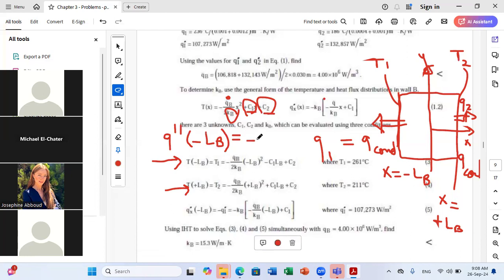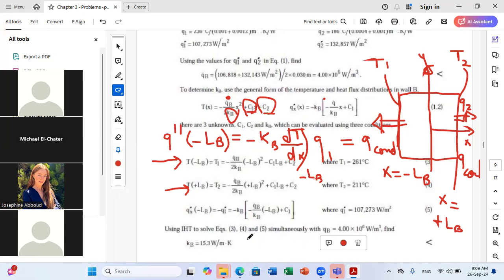It's minus KB times dT by dx at minus LB, okay? At minus LB. So I can write, this is my equation. I can derive it with respect to x.